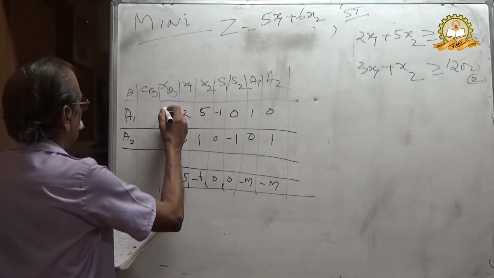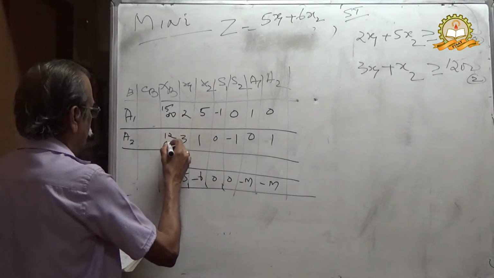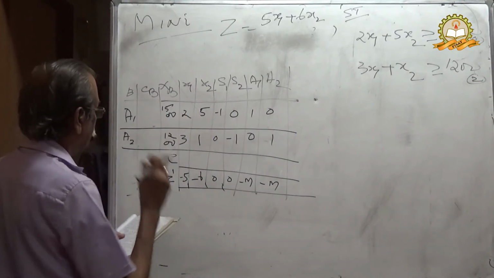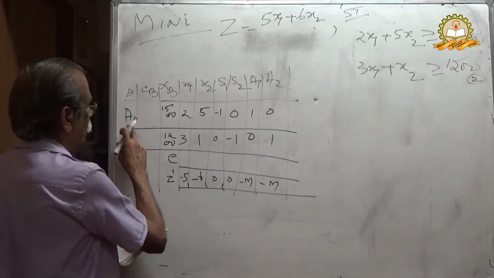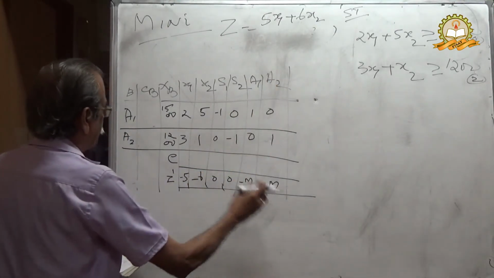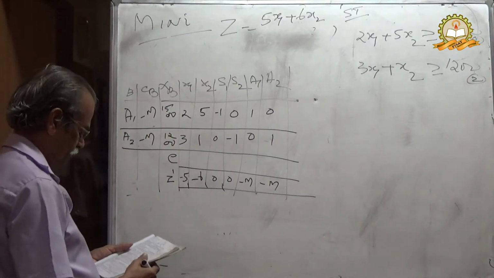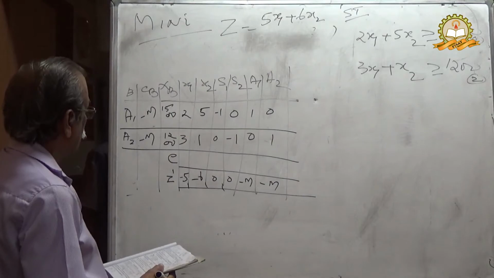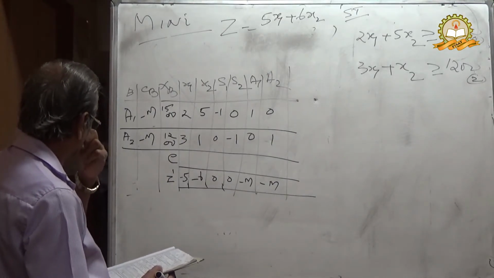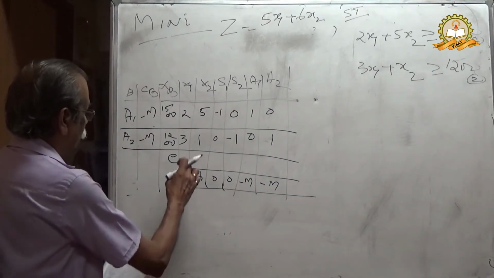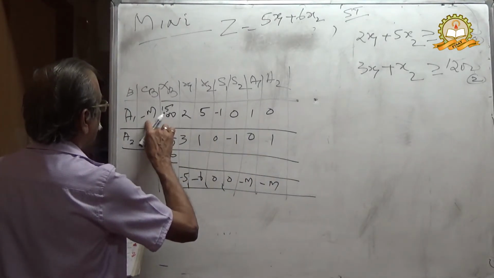Here you have the right side values 1500 and 1200. Then under a1 and a2, minus M, minus M.